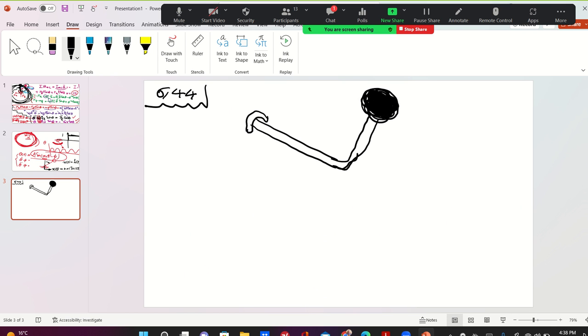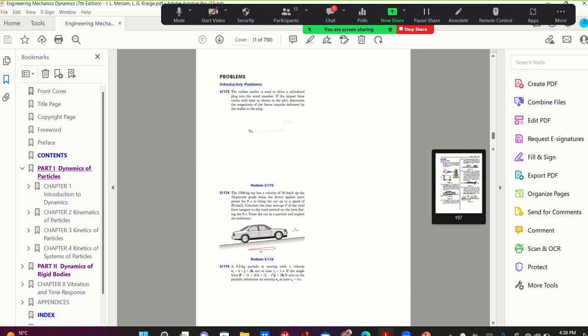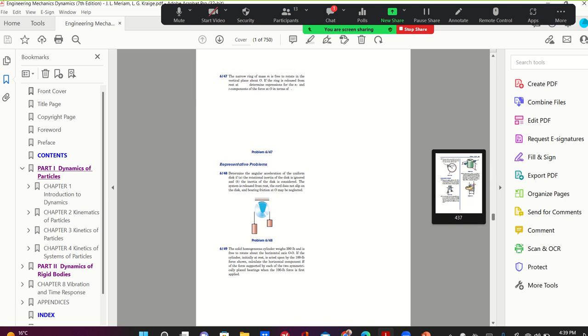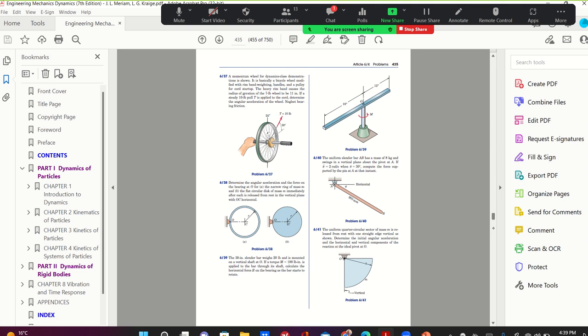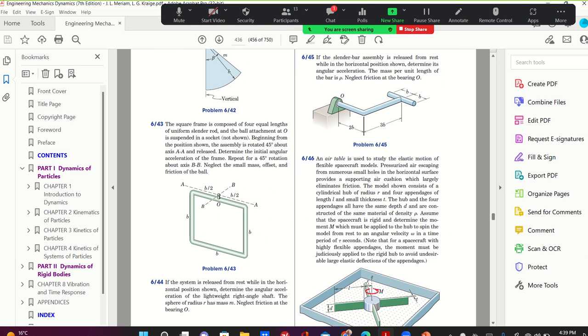Let me go to the book. Let me show you, problem 644. Okay, here we go. If the system is released from rest, meaning the initial angular velocity is 0, while in the horizontal position shown, determine the angular acceleration of the lightweight right angle shaft.